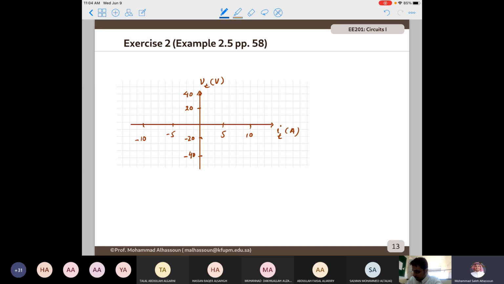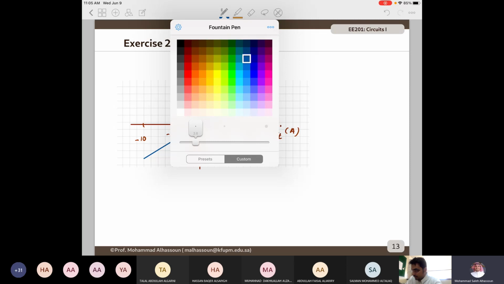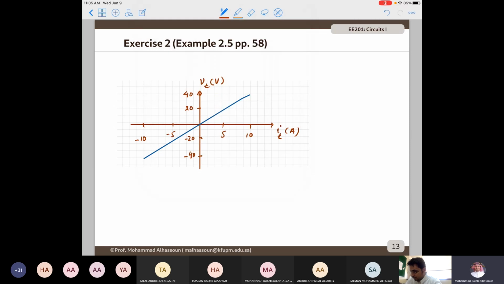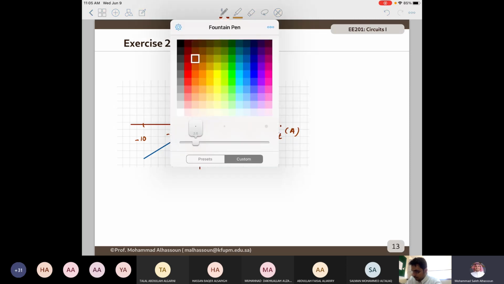If we plot it, when it's 40, it's -10. When it's -20, it's -5. And it will be something like this. If we take the slope here, since this one passes through the origin, the voltage source is going to be 0.